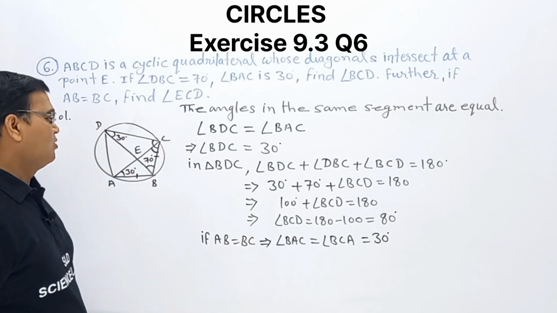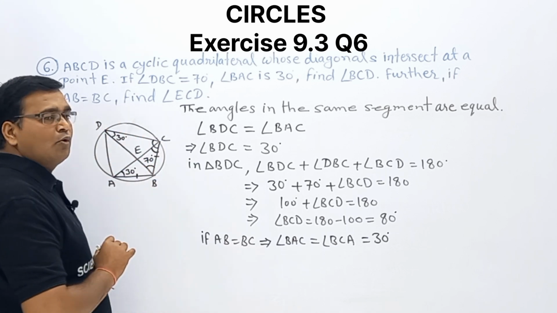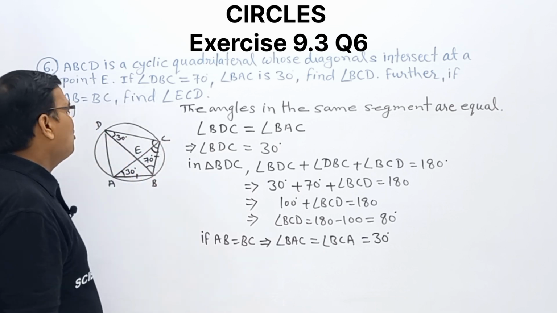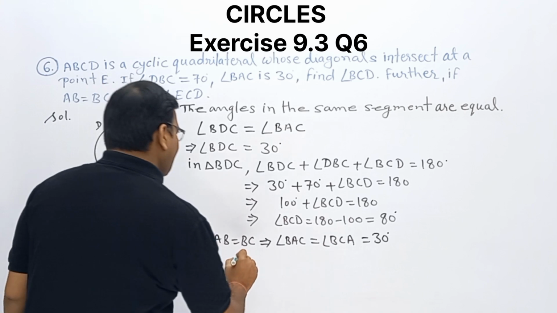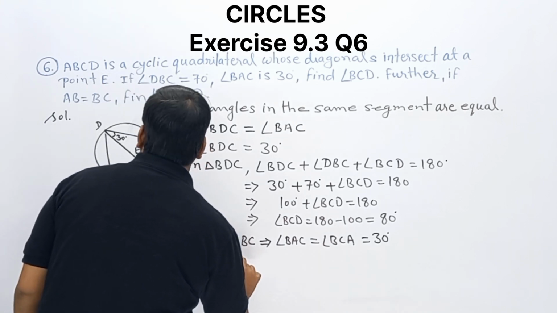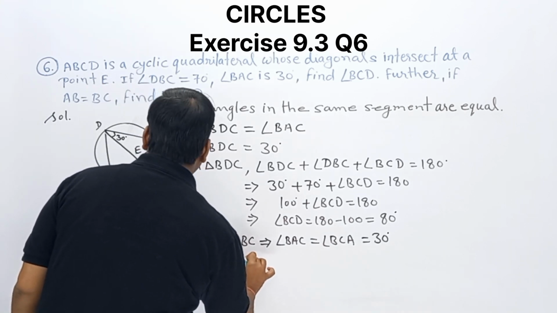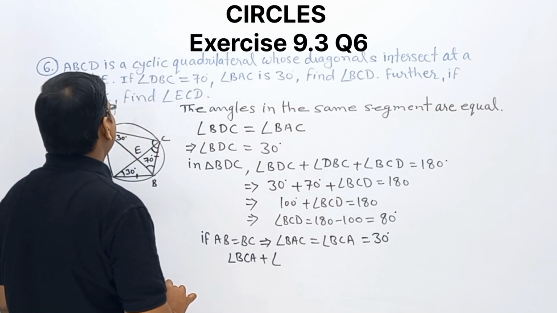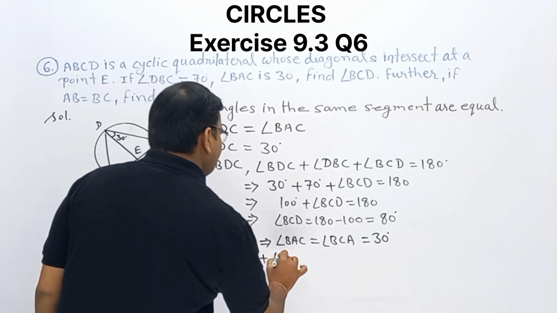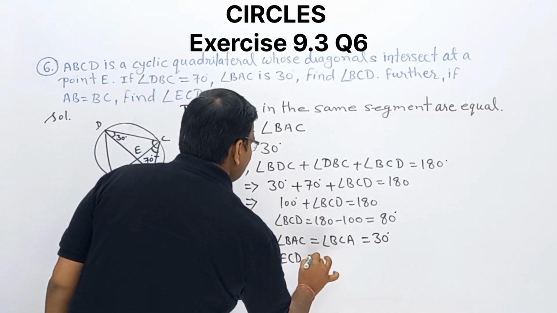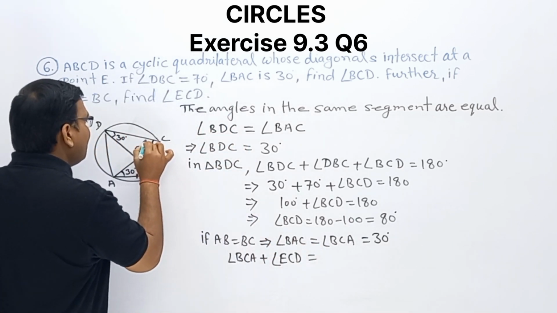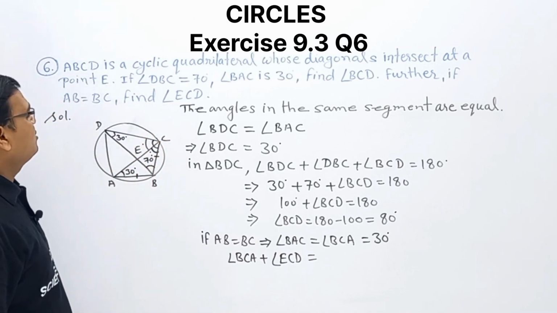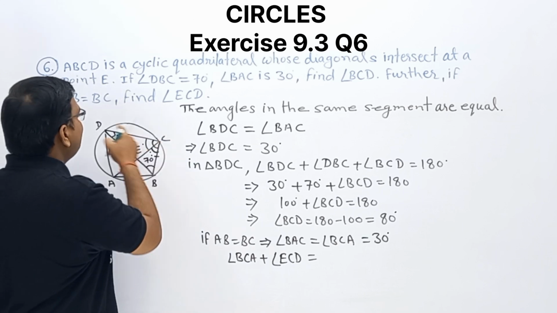ECD, this thing we want. So we know well the sum of both angles will be BCD, and this we obtained. So angle BCA plus angle ECD, the sum of both angles, this one and this one, will be angle BCD.